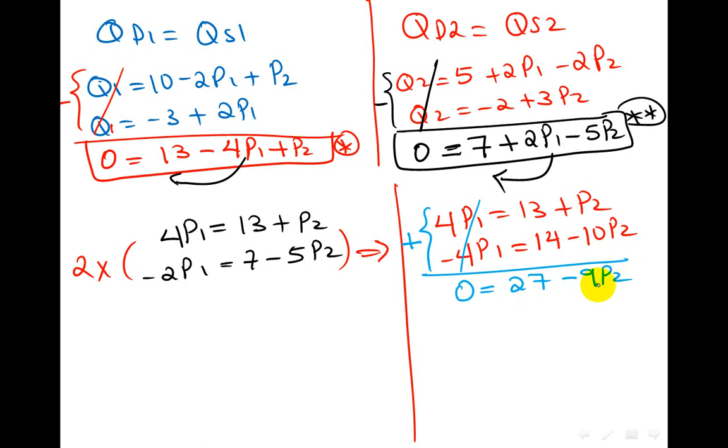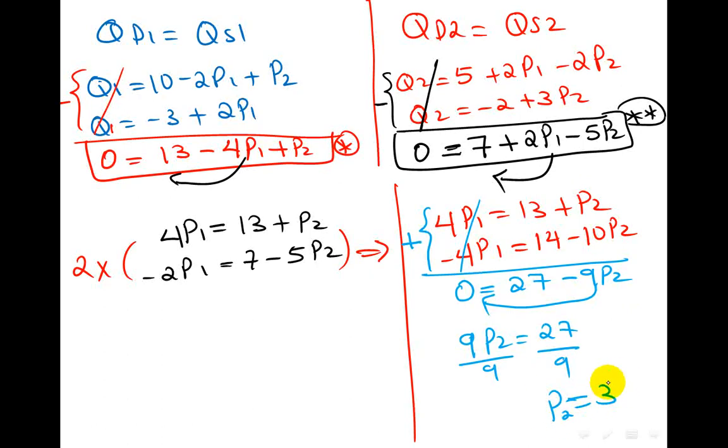To find the value of P2, bring the 9 back, so 9P2 equals 27. Divide both sides by 9, and the value of P2 equals 3. So price 2 equals 3, and based on this information, I'm going to find the value of P1. I can plug it into equation star or double star, it doesn't make any difference.